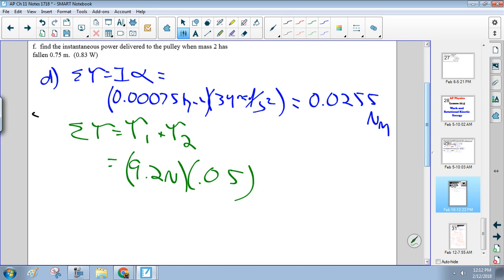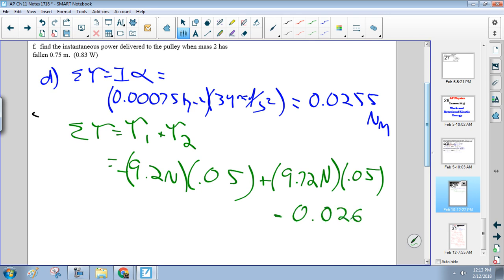Let's call the direction of acceleration positive, so I'm going to make this one negative, plus 9.72 newtons from the other force times the same lever arm. Multiply that out and you get the same answer. It doesn't turn out to be exact because we rounded some numbers off, but it's pretty close. So there's our net torque.